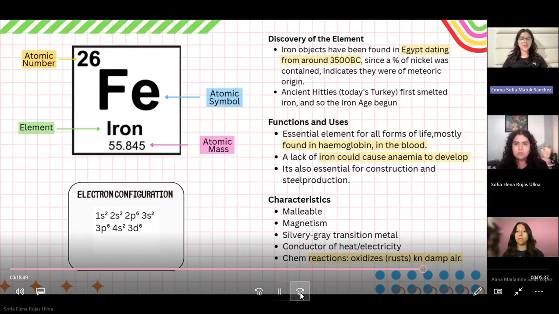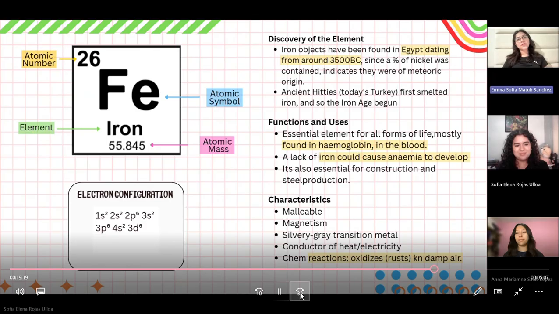As for the discovery of iron, objects have been found in Egypt around 3500 BC that contained a percentage of nickel. This shows that it originated from meteoric rock.